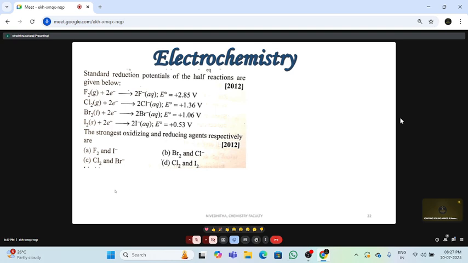Here they're asking for the strongest oxidizing and reducing agents. Option A. Yes, it is option A. Shall we move on to the next question? Yes, ma'am.